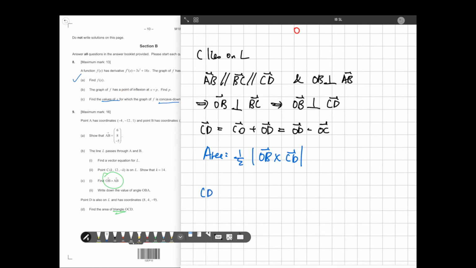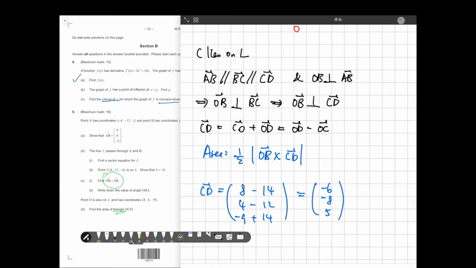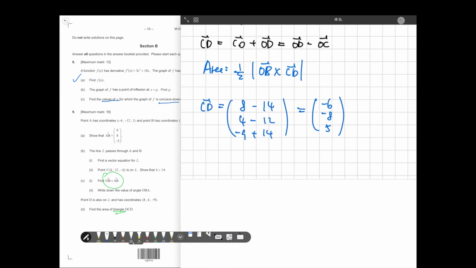We have to find CD first, and CD just means OD minus OC, so it means 8 minus 14, and then 4 minus 12, and then negative 9 plus 14. So we find it to be negative 6, negative 8, and then 5 for the CD.